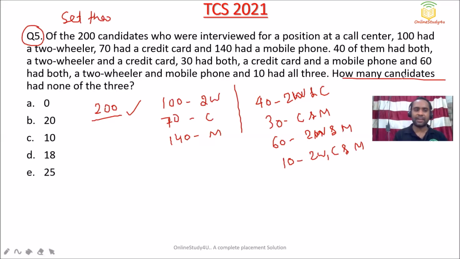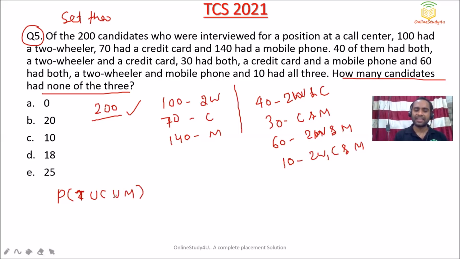So how many candidates had none of the three? Friends, you know the formula. Here I will write T for two-wheeler, then credit card C, and then mobile M. This is a set theory formula.